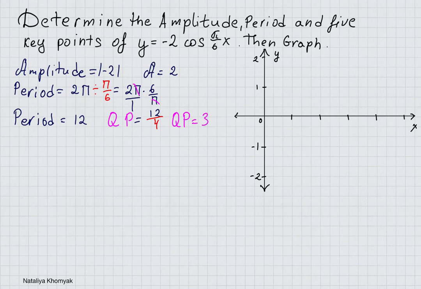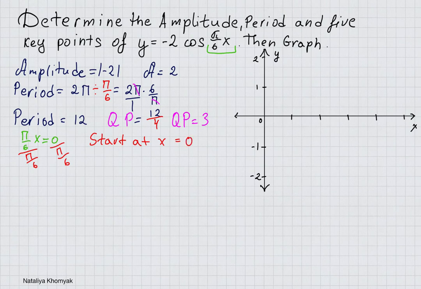You always begin graphing cosine functions at whatever x value makes this angle equal to 0. Pi over 6 times x has to be equal to 0. If you solve for x, dividing by pi over 6 on both sides, you start at x equals 0, since 0 divided by anything equals 0.